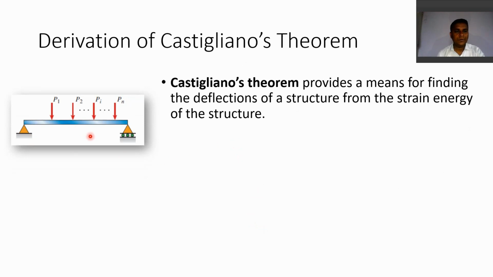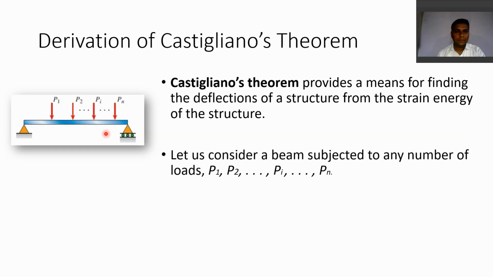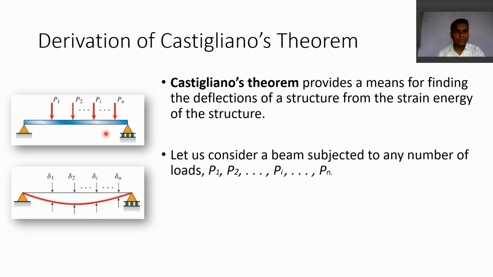Here in this diagram you can see a simply supported beam which is subjected to a number of applied forces. Here it is P1, P2, Pi and Pn, which means n number of forces are acting on this simply supported beam. Under the application of these point loads, the beam deflects like this, and at different points the deflection takes place.